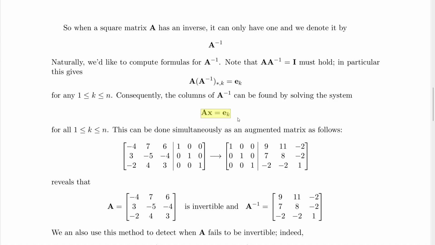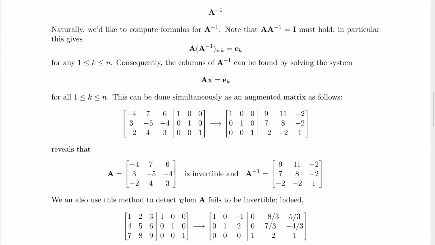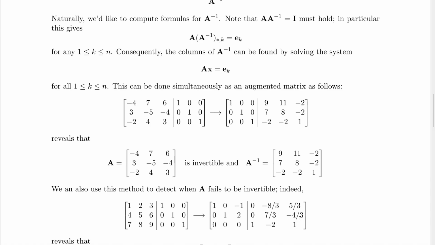All right, and note that this method can be used to detect when A fails to be invertible. If you set up the right-hand side with the identity matrix and you REF it, and on the left you do not get the identity matrix, you get something like this, with a last row of all zeros, it basically means that you can't actually solve all of those systems. One of them is going to fall apart on you. So whatever we get on the right here isn't particularly useful.